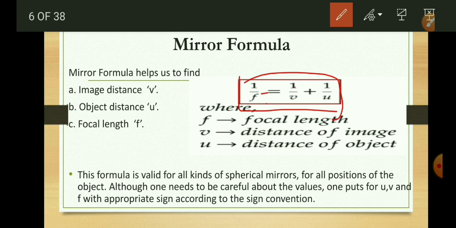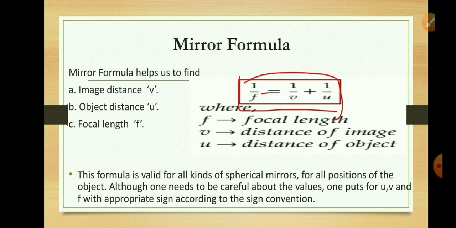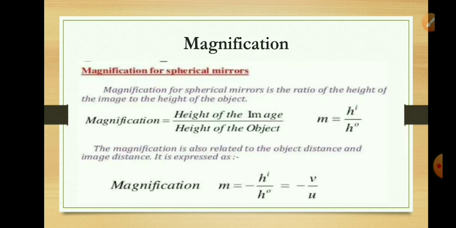So by using this mirror formula and sign convention, we can locate the image, find the position of image, and find the size of image in spherical mirrors without constructing a ray diagram. So this is the mirror formula: 1 by f is equal to 1 upon v plus 1 by u.